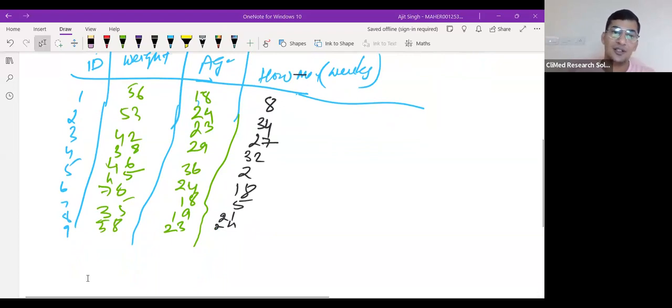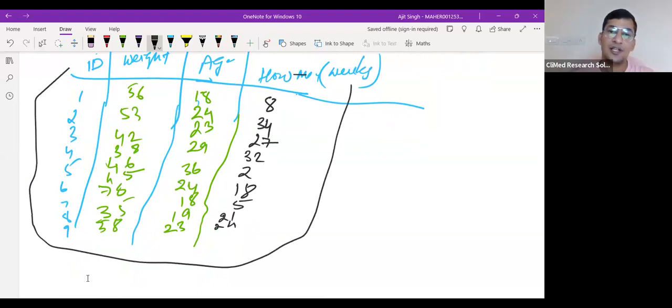Can someone, looking directly at this data, tell me some results?